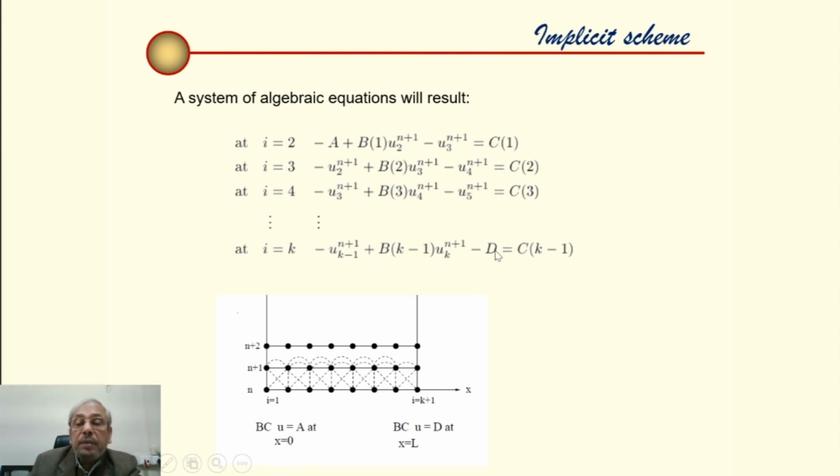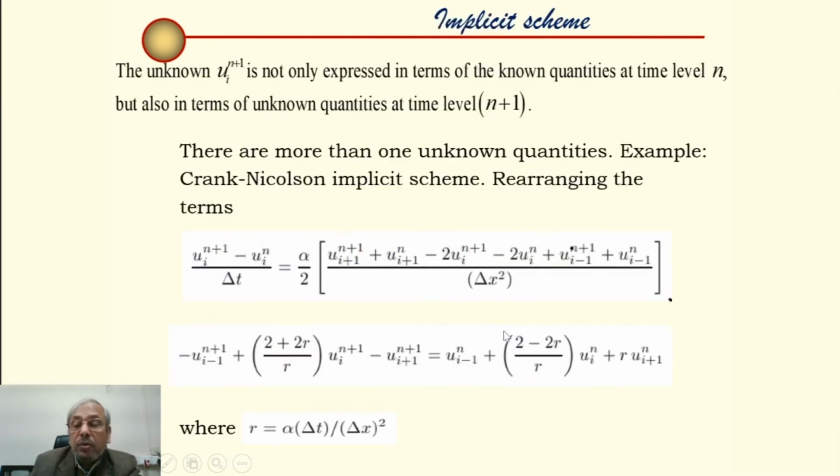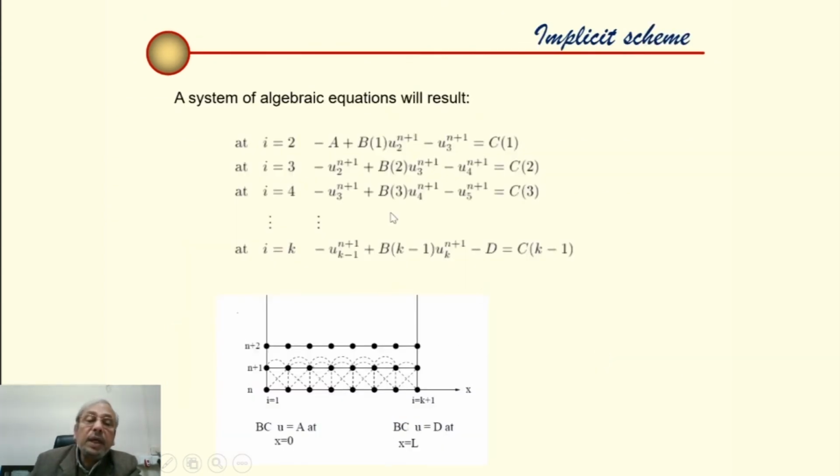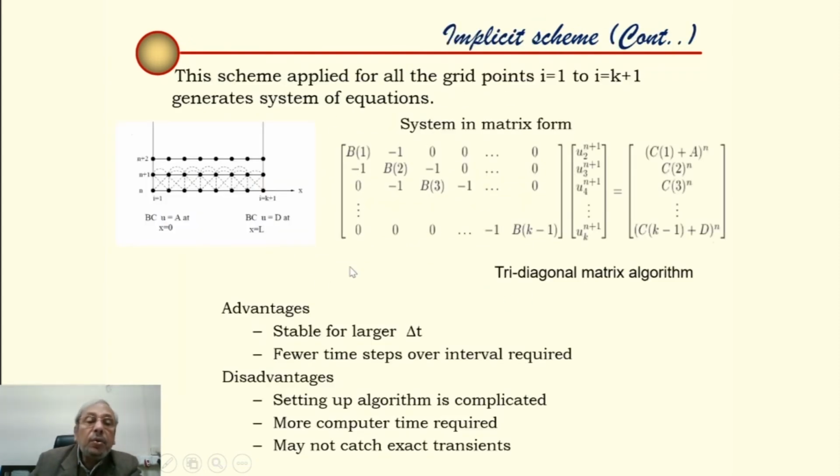So the two end points are represented by the boundary conditions, and the entire right hand side consists of known quantities at nth level. So we can rearrange and write a system of algebraic equations, which can now be formulated in this way.